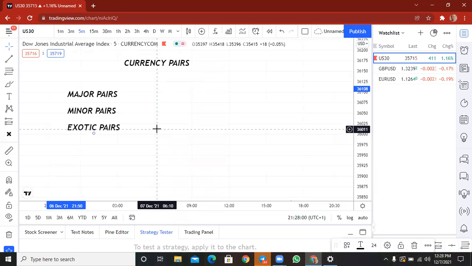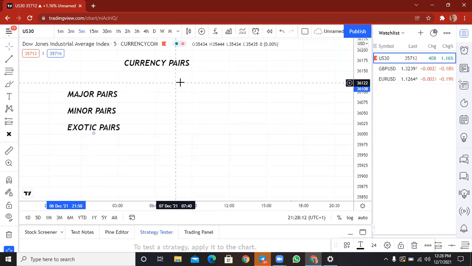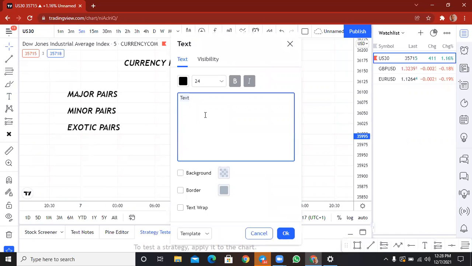So I'm going to make sure I explain these different pairs, right? So the major pairs, what are the major pairs in Forex? How do you categorize them? Why were they categorized as major pairs? So I'm going to write this down. Now, the major pairs are pairs that contain the US dollar, right?